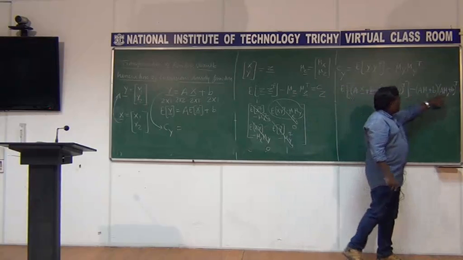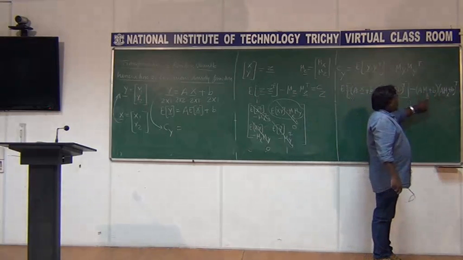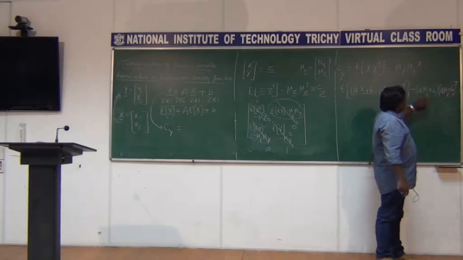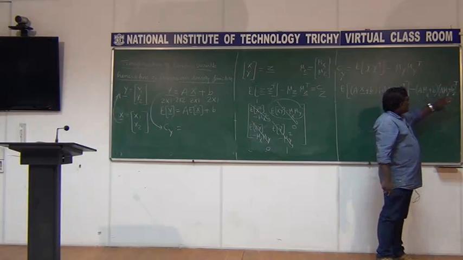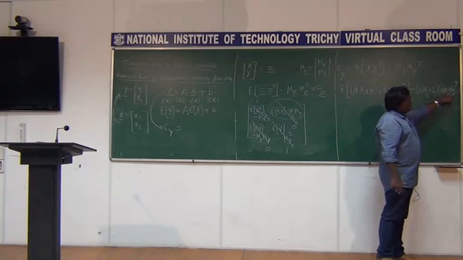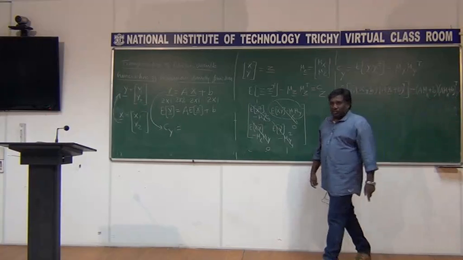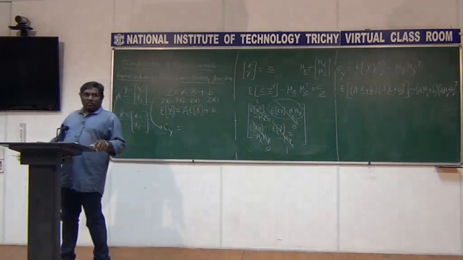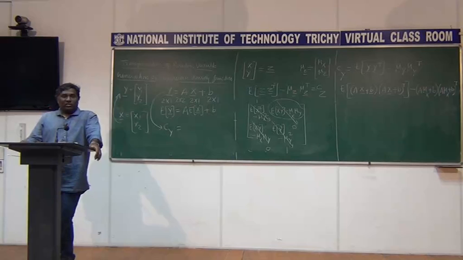And here again, A mu x gives you mu x transpose A transpose, A mu x b transpose, b mu x transpose A transpose, and finally b b transpose. You cancel out whatever is possible and tell me what the final result is.